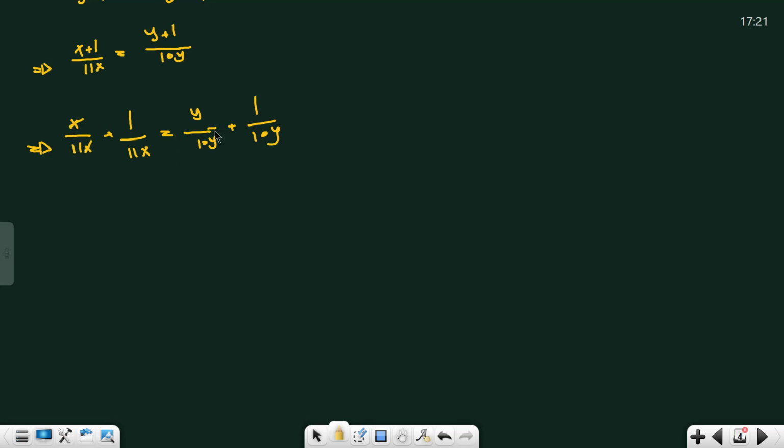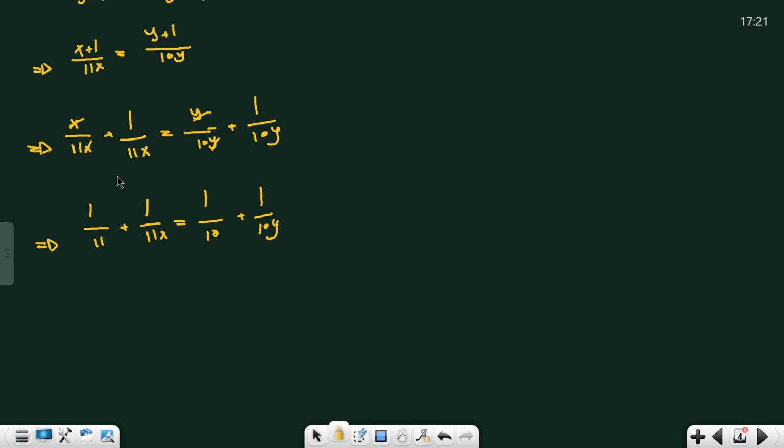Then x and x, y and y cancel each other, so I get 1 on 11 plus 1 on 11x equals 1 on 10 plus 1 on 10y.